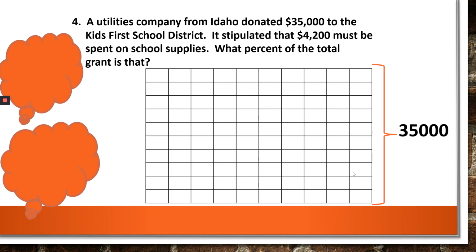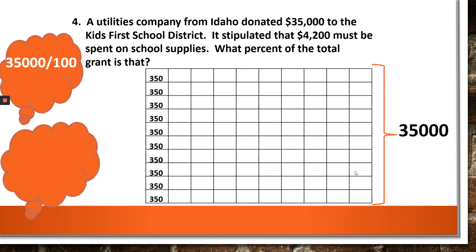$35,000. Nice. Well, I'm going to have 35,000 divided by 100, just like we've been doing, and that will give us 350. Now, the goal is to see how many boxes it takes to fill up 4,200. I'm going to just start filling up boxes because I just want to play with it.